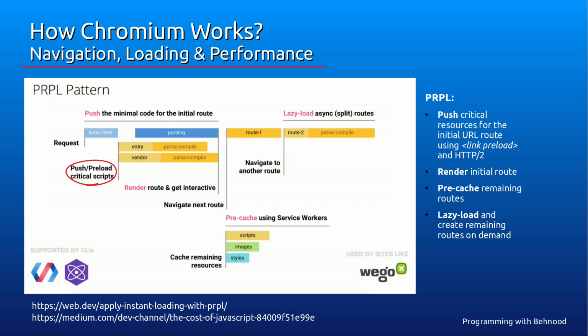Purple stands for push or preload, render, precache, and lazy load. And by the way, this diagram shows how the purple pattern works, and as you can see, I circled the preload because we're gonna get a closer look at it later in this session.